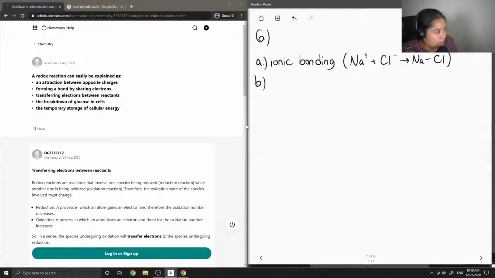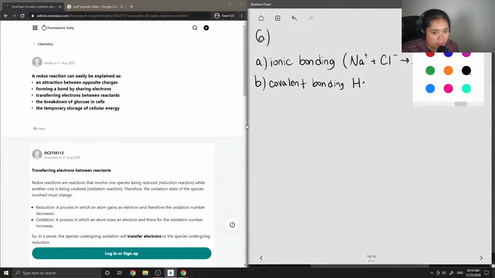B, forming a bond by sharing electrons. So this is known as covalent bonding. And it occurs between nonmetals. So examples of covalent bonding would be like hydrogen sharing its electrons with oxygen.